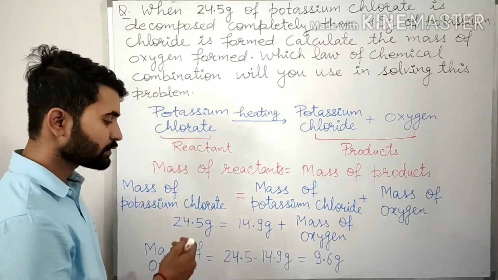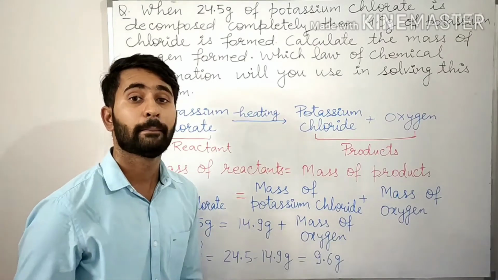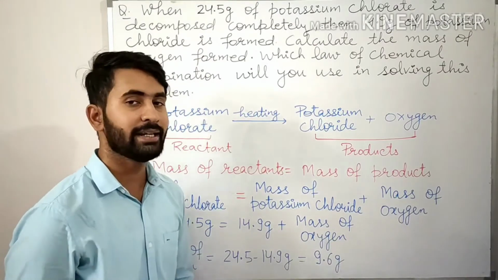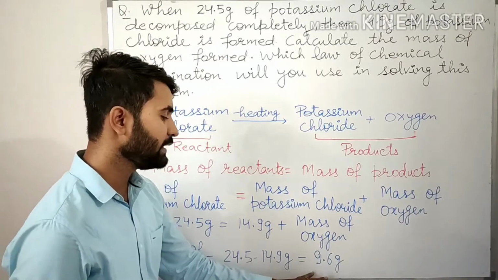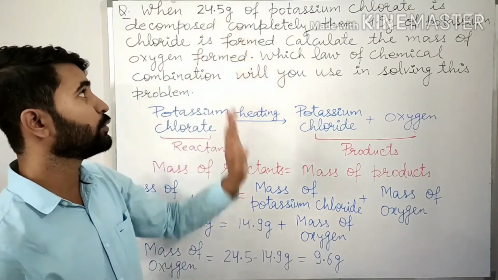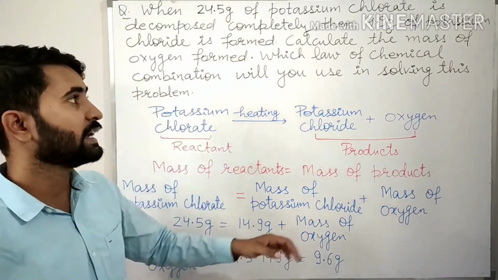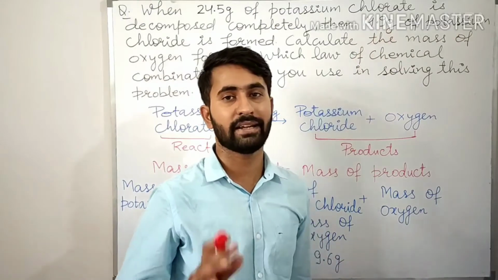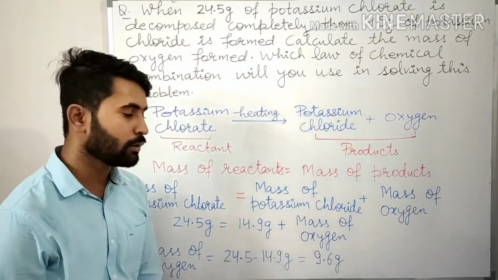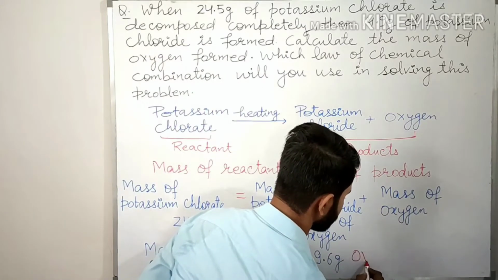So the mass of oxygen formed is equal to 24.5 minus 14.9 grams. The answer will be 9.6 grams. So when 24.5 grams of potassium chlorate is decomposed, 14.9 grams of potassium chloride is formed and 9.6 grams of oxygen is formed.